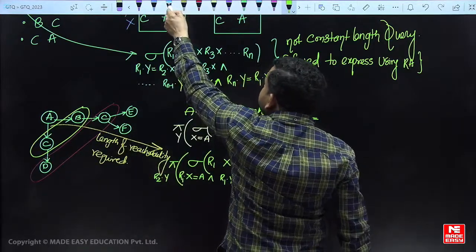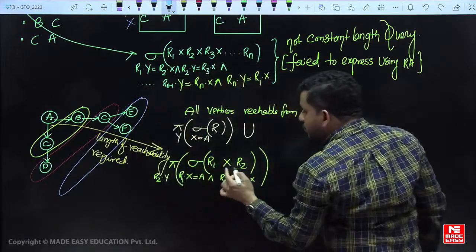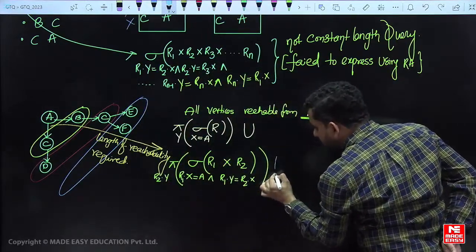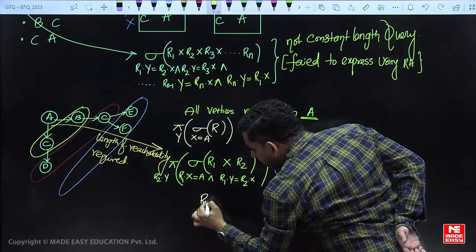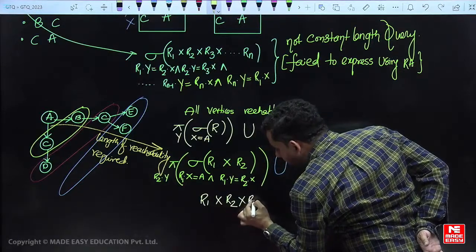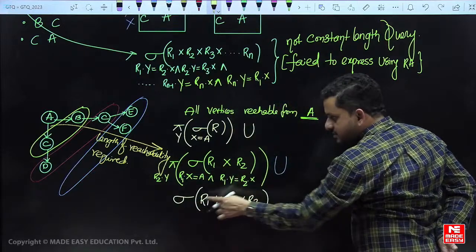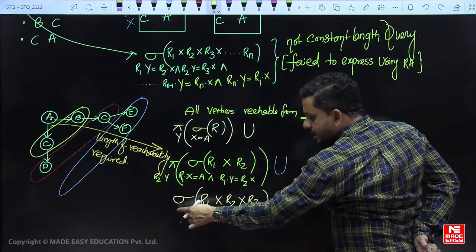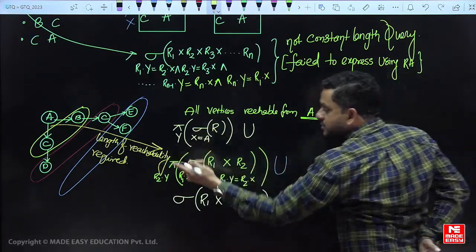If I want to get the next, 3 edge length from the source, union, I need to cross product 3 tables, R1 cross product R2 cross product R3, and write the conditions like this: R1 dot x equal to A, R1 dot y equal to R2 dot x, R2 dot y equal to R3 dot x, and R3 dot y is projected.